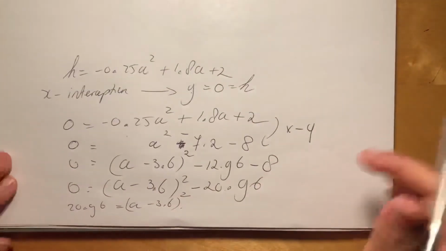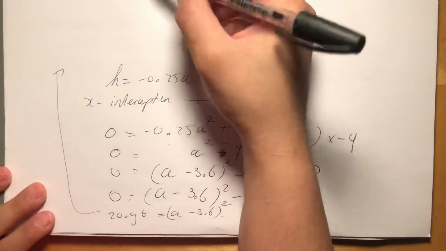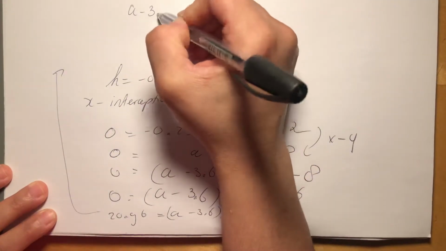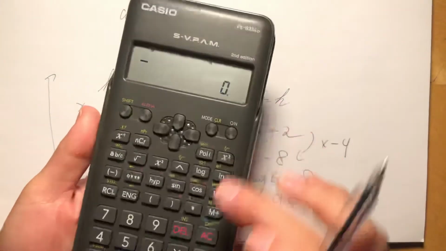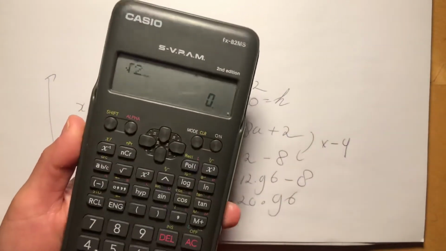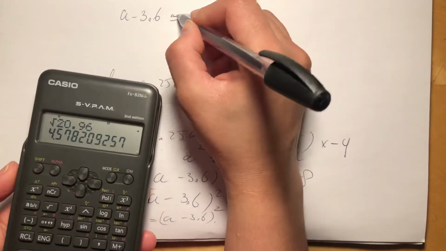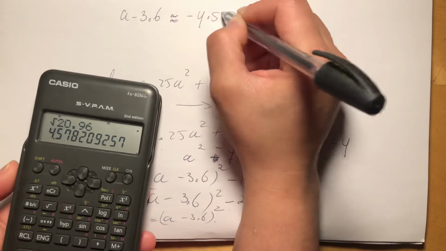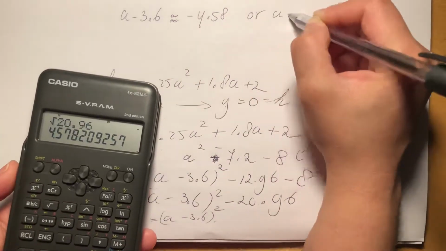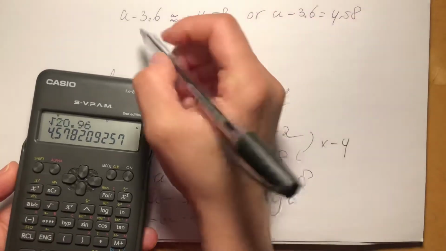And you will get a minus 3.6 will be the negative answer of the square root of 20.96, so negative 4.58, or a minus 3.6 will be the positive answer, 4.58.